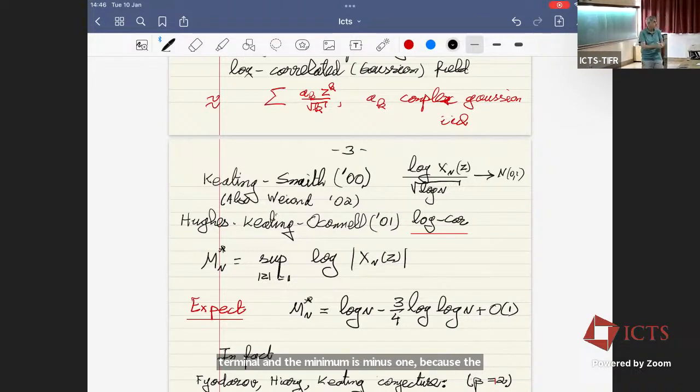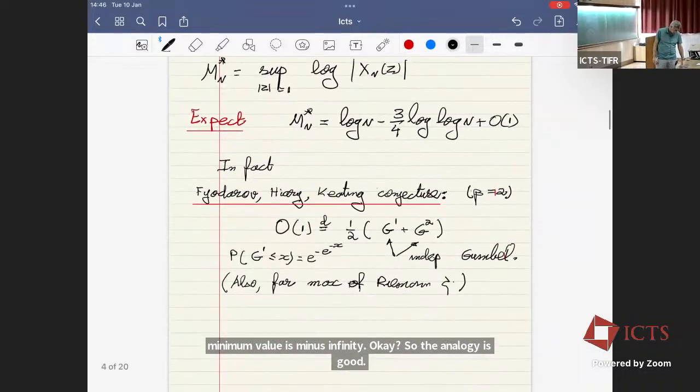The eigenvalues are on the unit circle. So the roots are there. So the minimum value of the determinant is 0. So the minimum value of the absolute value of the determinant is 0. So the log determinant, the minimum value is minus infinity. Okay? So the analogy is good, but we have to be a little bit careful.